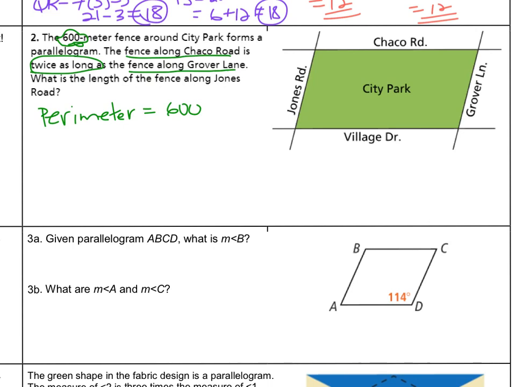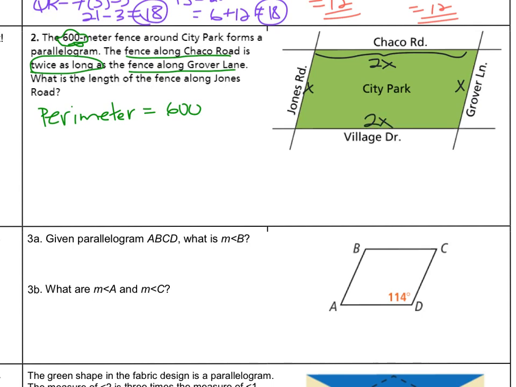So it looks like Chaco Road is longer. On our picture then, if we're going to try to label, I would say that the length of Grover Lane is x, and then the length for Chaco Road is twice as long. If that's true, then Jones Road is also x, and Village Drive would be twice as long.